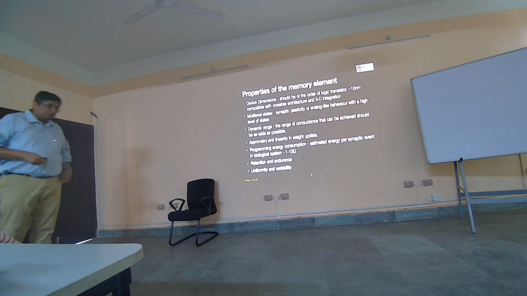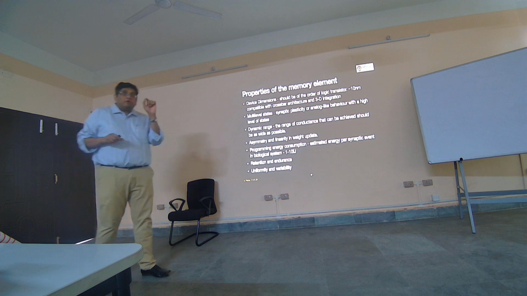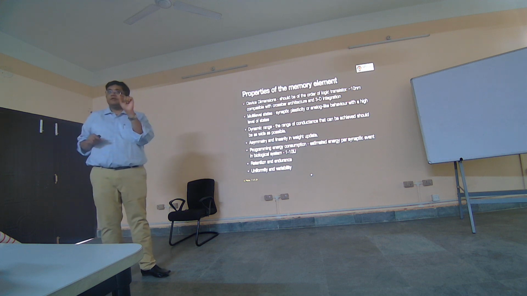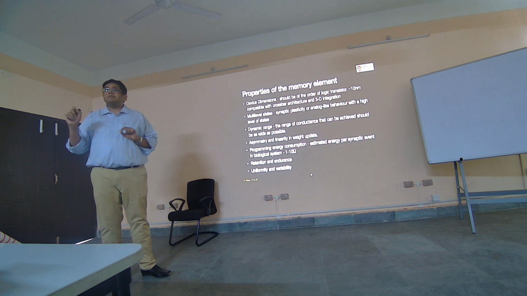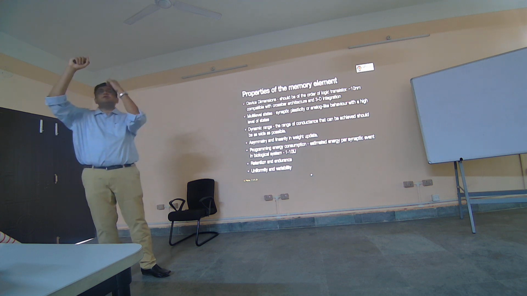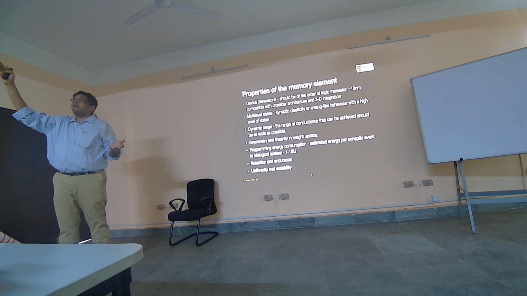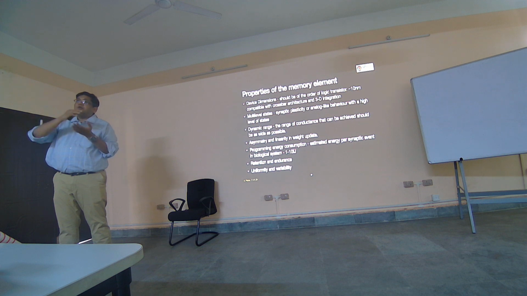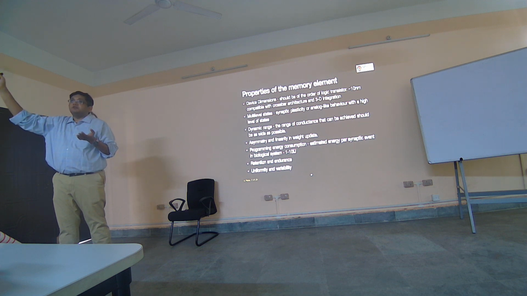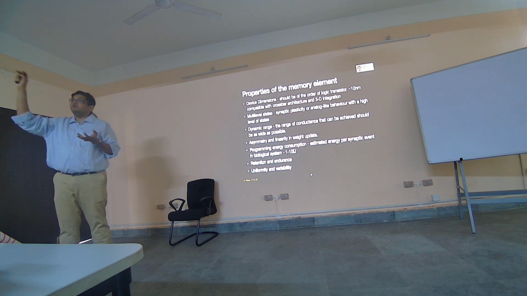Second thing is, as I told you, we believe in analog computation. So we want that memory to store any weight. For example, suppose I have a weight range of 0 to 5, say. My memory should be able to hit any value between 0 and 5. I don't want it to hit only 0, 1, 2, 3.